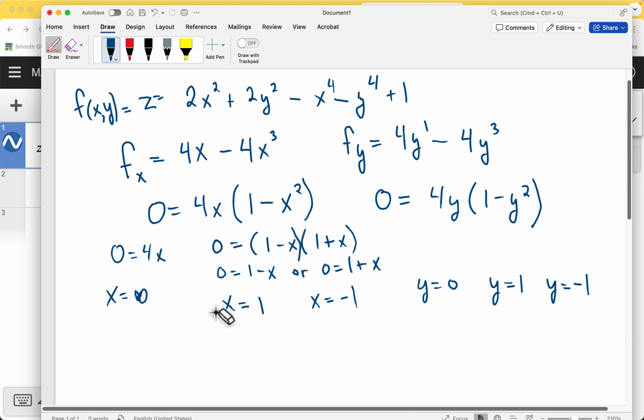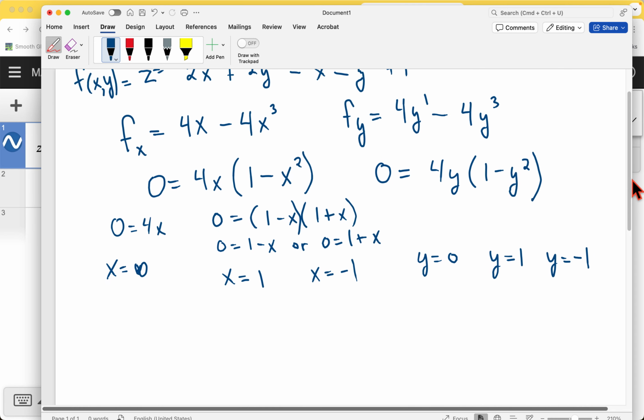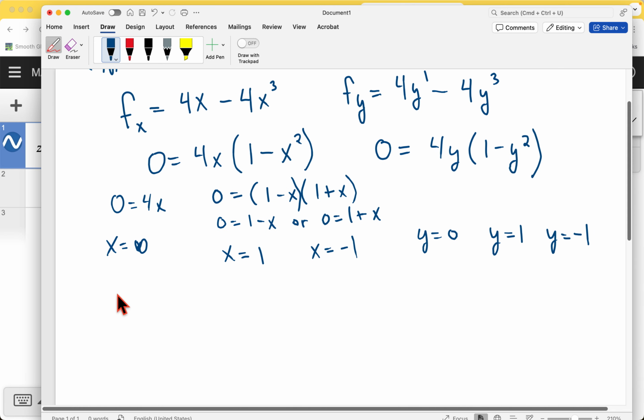Now, each of these will produce a 0 derivative in the y direction. So the only way we can have a 0 slope in both directions is to have these put together. So I can combine, this is one critical point, 0 with 0, 0 with 1, and 0 with -1.